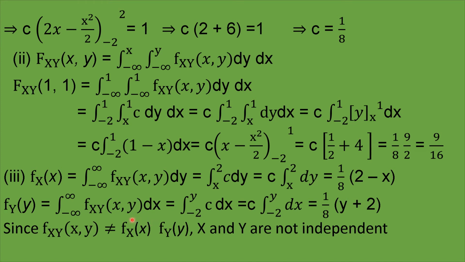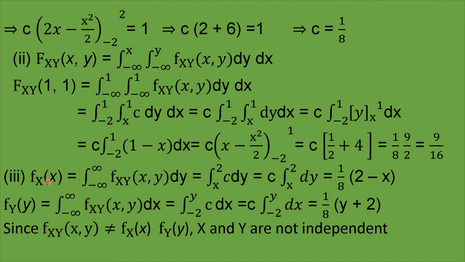X value will be from minus 2 to y, to that line x is equal to y. C dx. C is 1 by 8 into integral dx means it is x, difference at y and minus 2, which will be y minus of minus 2, y plus 2. So c into y plus 2, c is 1 by 8, so 1 by 8 into y plus 2 is fy of y.